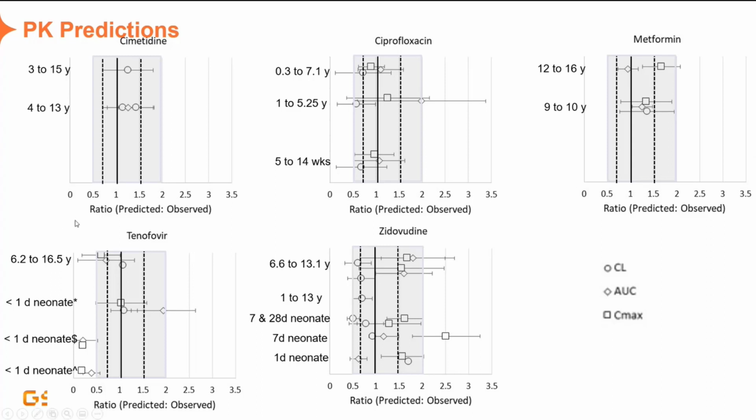The shaded line is the 2-fold difference, and the dotted lines are the 1.5-fold. Ideally we want to be around the solid line, but in most cases we are in the shaded area, which shows that the predictions are acceptable.